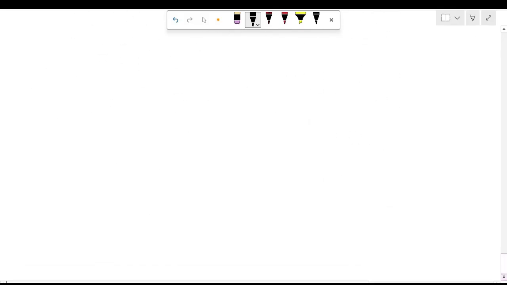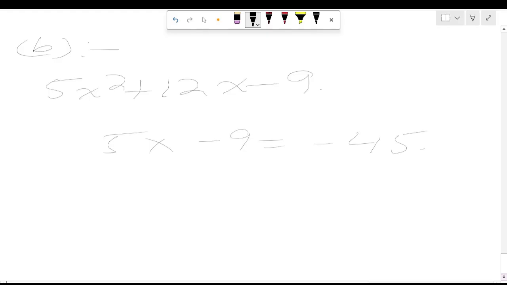Now let's attempt the B part. In the B part, we are given a quadratic expression which is 5x square added with 12x subtracted from 9. Now 5 multiply negative 9, as we know, that is negative 45. Now what will be the factors of 45? So if you take the LCM, you will find that 45 is divisible by 5, that results in 9.